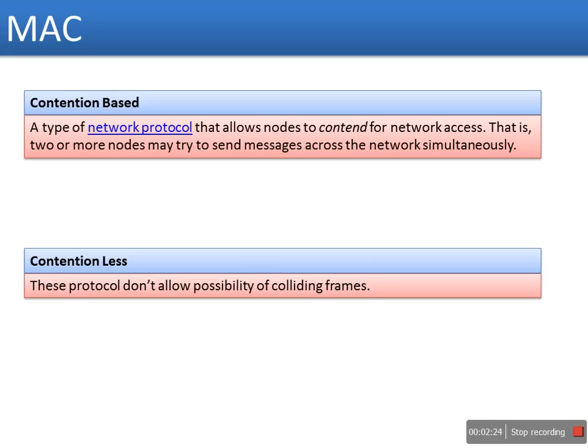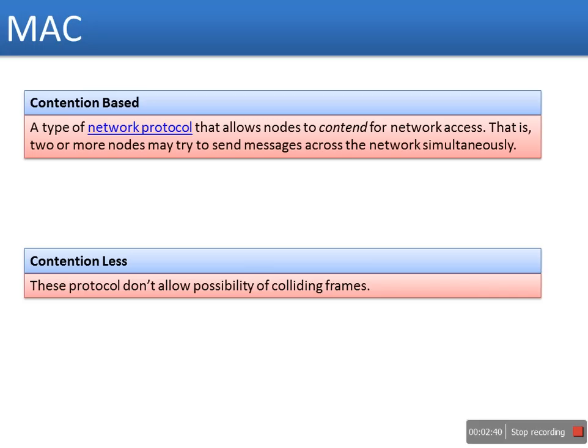Initially, the coordinator asks the first person, do you have anything to say? If yes, start talking. In this situation there won't be any possibility of interference. Everyone will speak one by one.